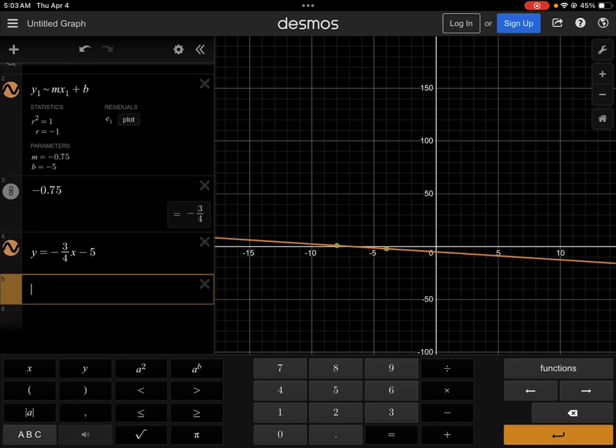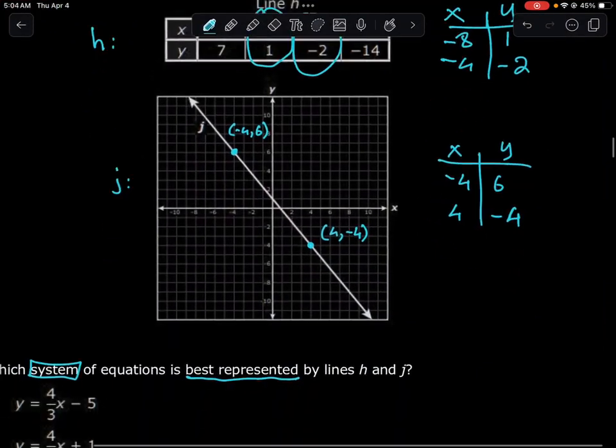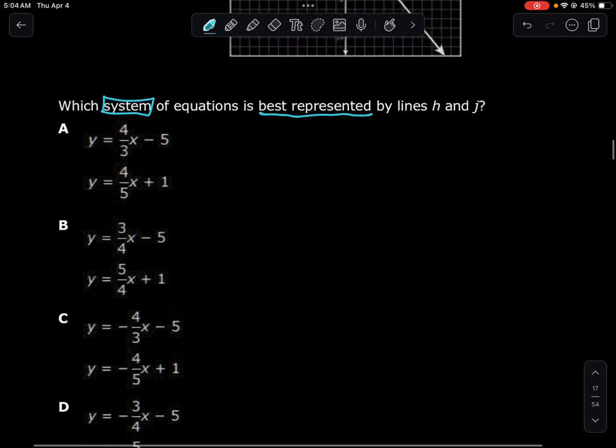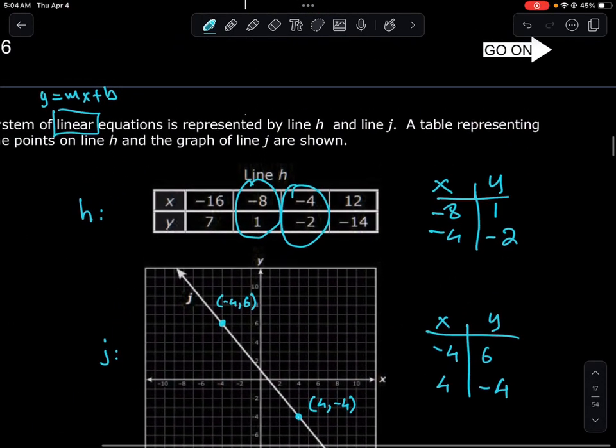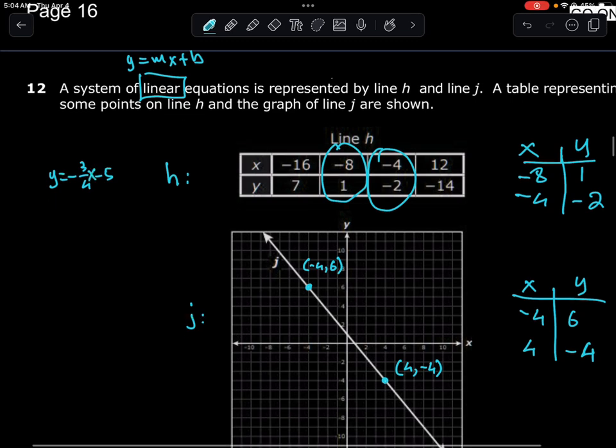Now let's do the second. Sometimes just one equation is enough, so I'm going to check and see, have I figured out the answer already, or do I need to do the second one? So let's check. Okay, I have found that the first line is y equals -3/4x -5.